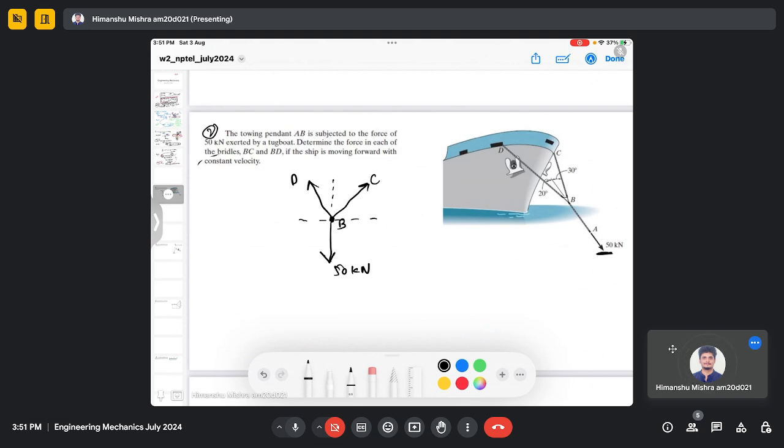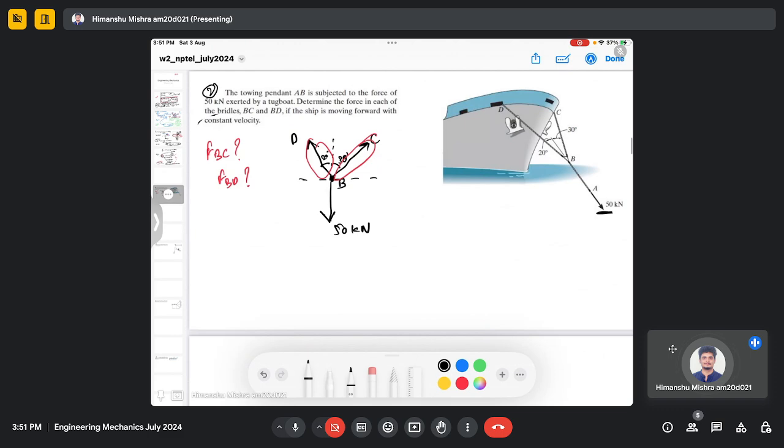Okay, so BAD is 20 degrees from vertical and the other is 30 degrees from vertical. And we need to calculate these unknown forces FBC and FBD.